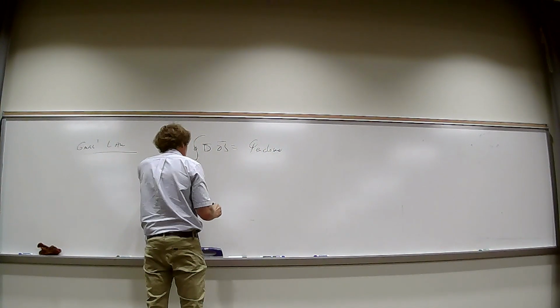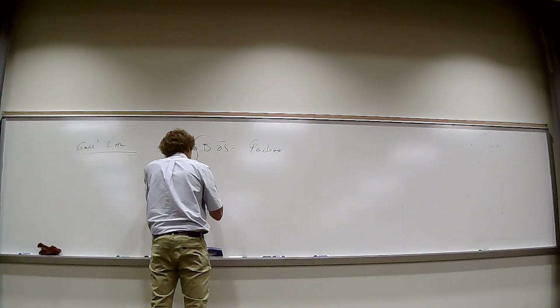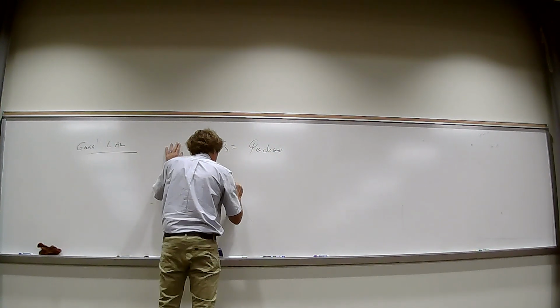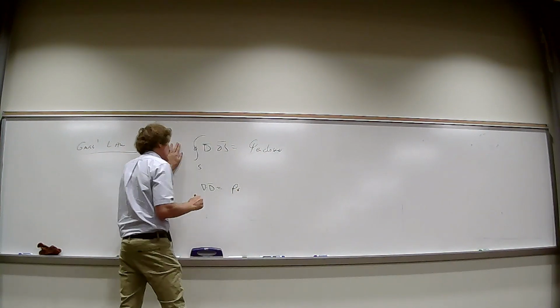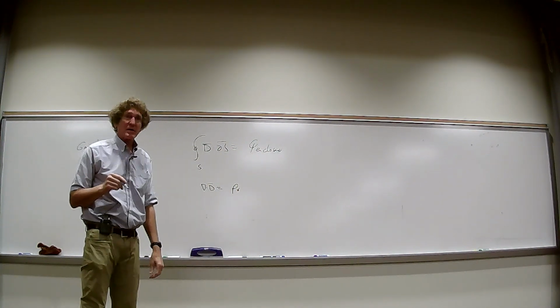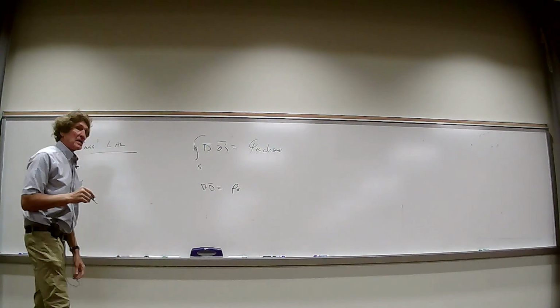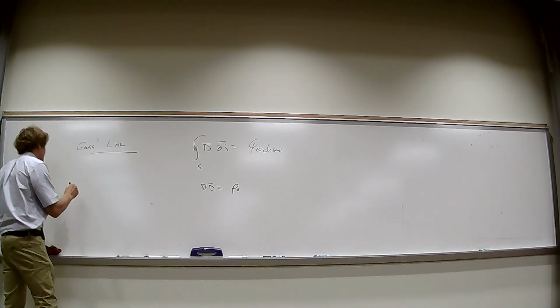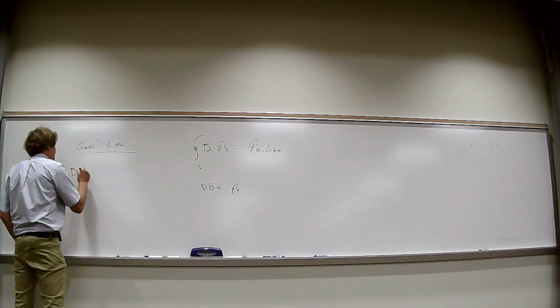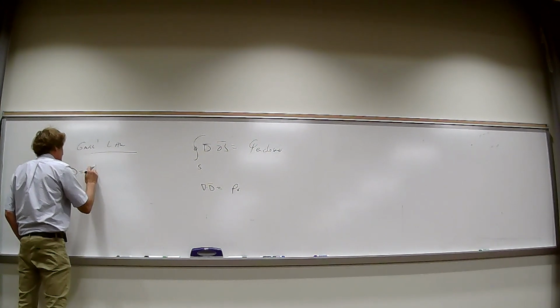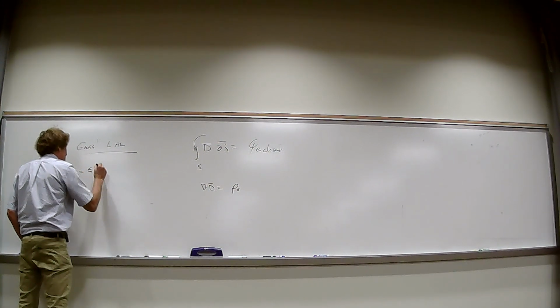That's the integral form. The differential form is divergence of D is equal to the volume charge density. I'm just putting them down, I'll explain it. Now the D field is related to the E field. The D field is equal to epsilon times the E field.